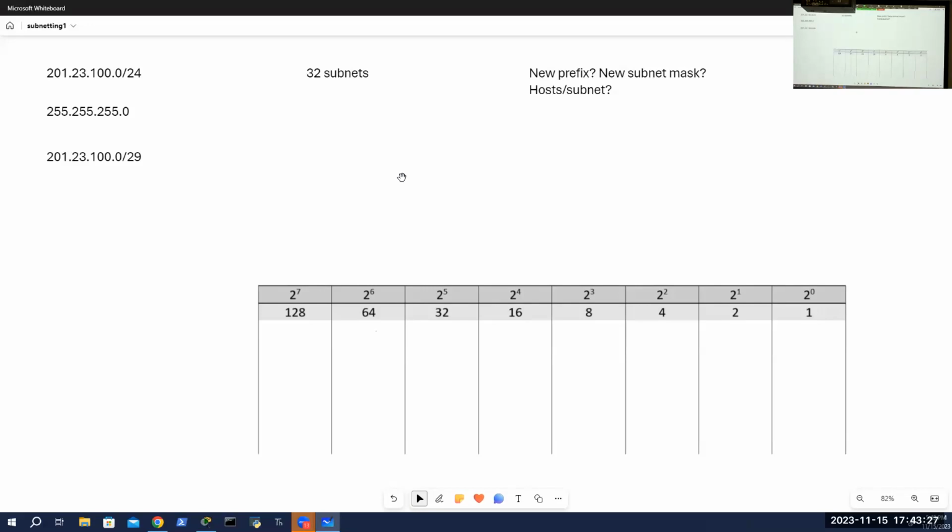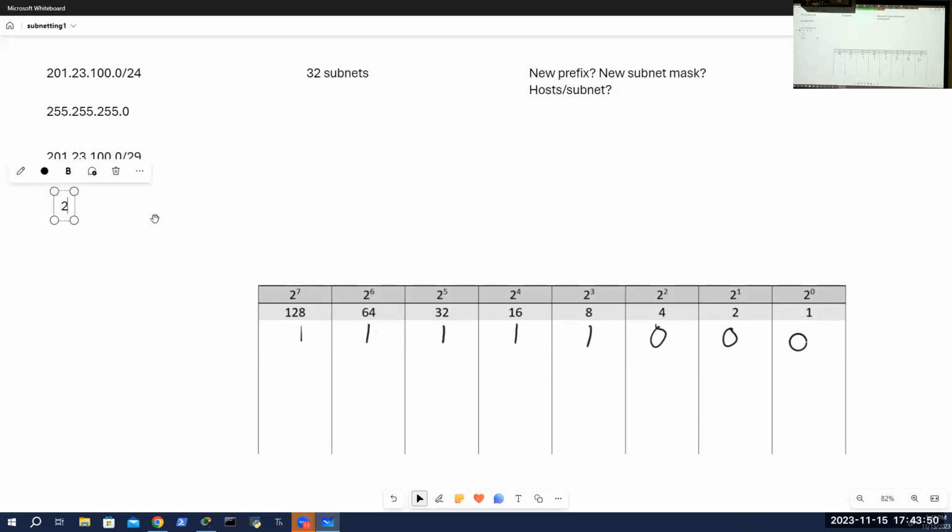And then we need to put those bits into our table, 5 of them. And that will give us the value of our new subnet mask by just adding up the columns with the 1 bits.